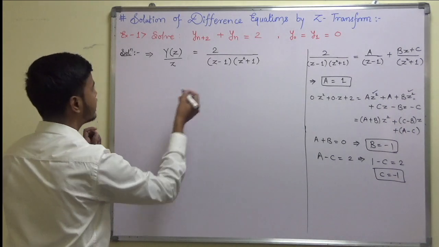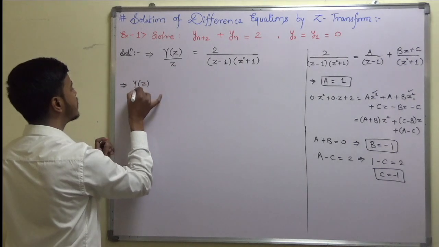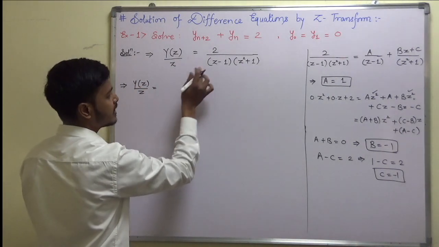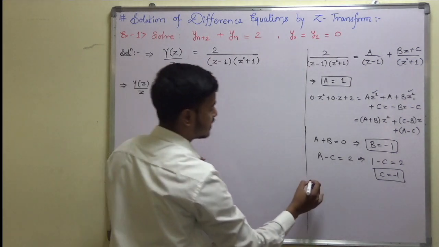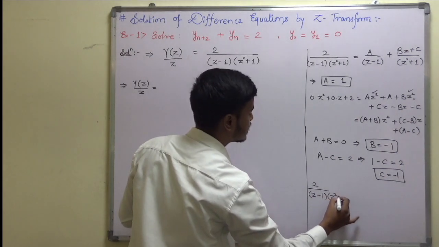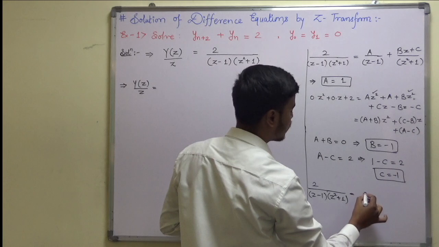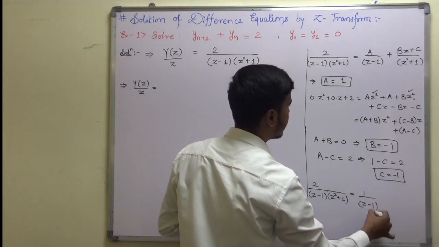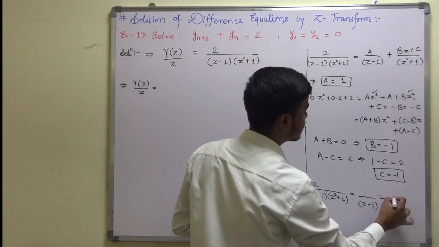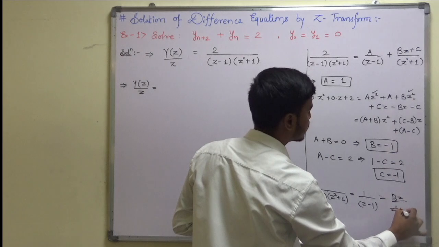So now I can write y of z upon z is equal to 2 upon z minus 1 into z square plus 1, which is equal to, A is 1, so 1 upon z minus 1 plus, what is b? B is minus 1, so minus z upon z square plus 1.